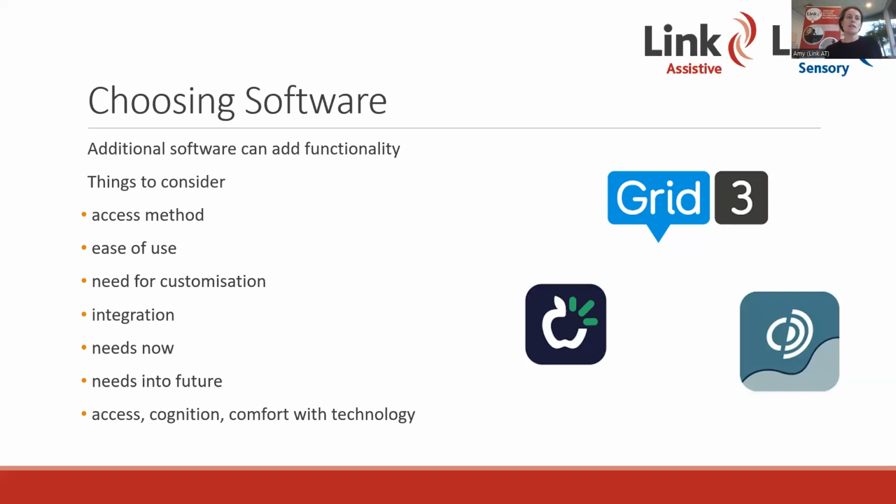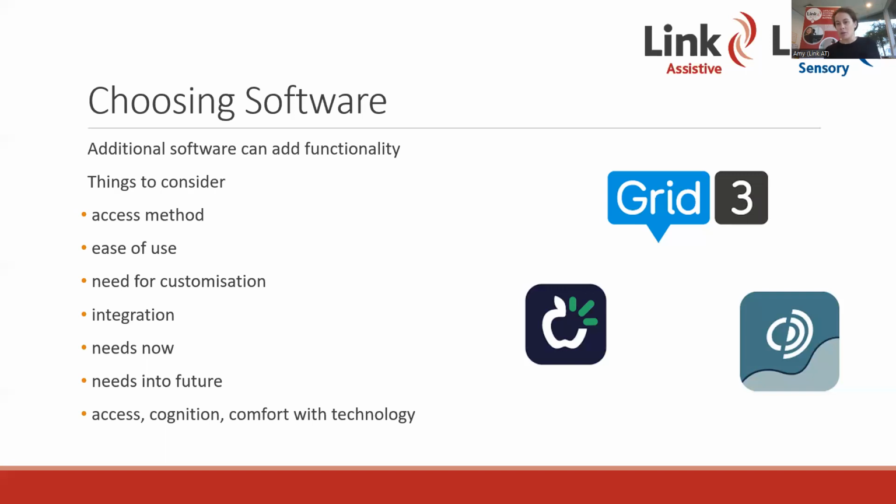We might also want to think about the person's needs now, but also their needs into the future. I think this happens a lot for young kids where we might pick the AAC software really based on communication. But then down the track, as they become teenagers, they also want social media and all these kinds of things. So maybe we need to think about that in our decision making.